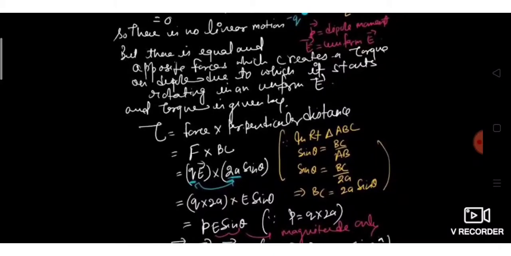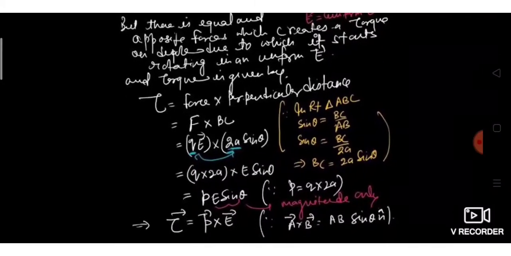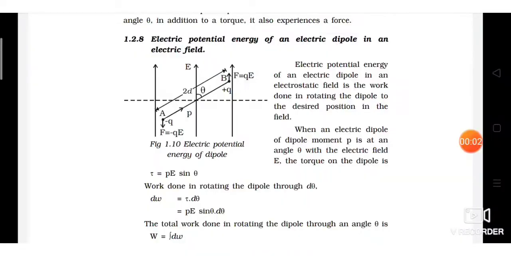Therefore, the torque tau is equal to pE sin theta. The value of a vector cross b vector is equal to ab sin theta n cap. So in vector form, pE sin theta can be rewritten as tau vector is equal to p vector cross E vector.